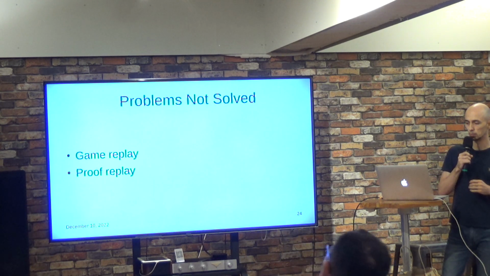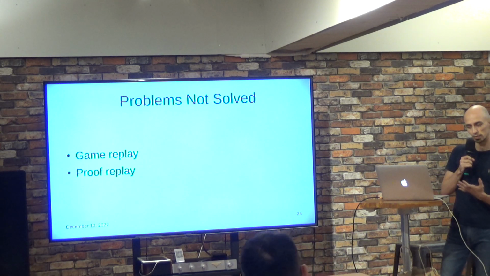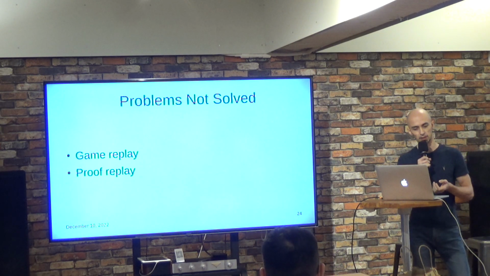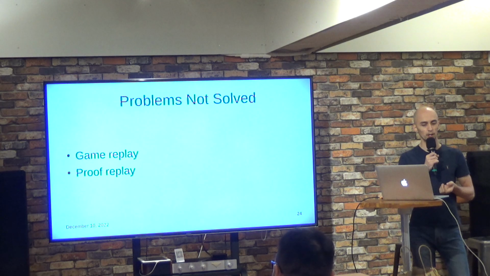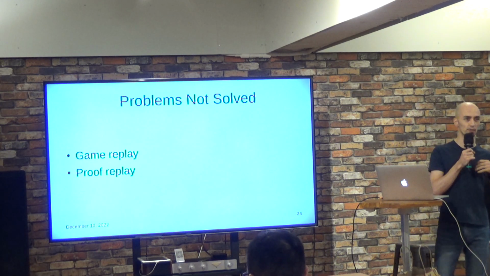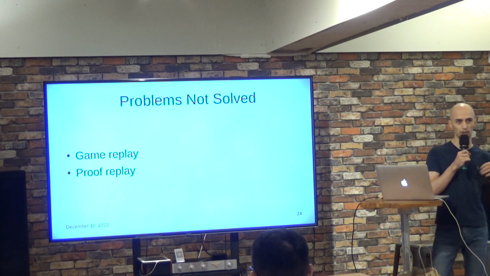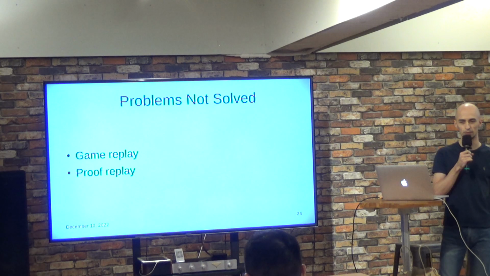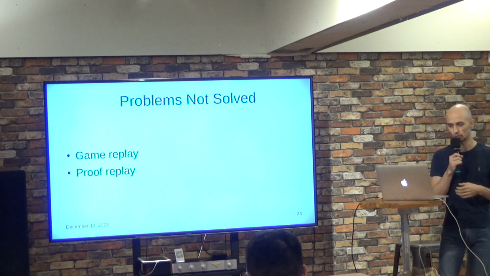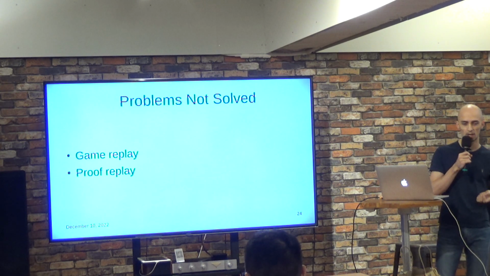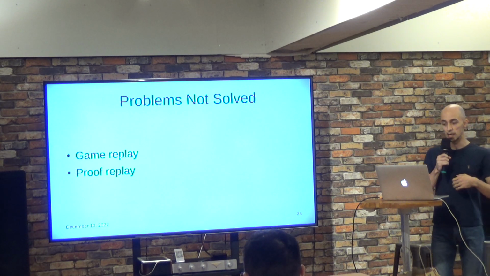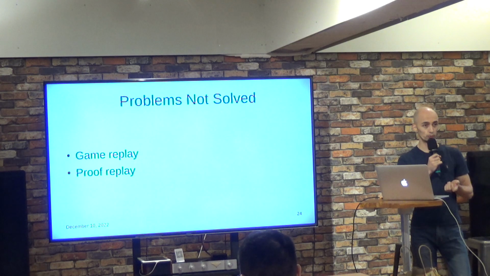The first one I can call something like a game replay, where after the player has played a game round, they learn the solution, and then they can just play another game round in, for example, another browser or using another account, and just beat that game on the first attempt. And the second issue is the proof replay.